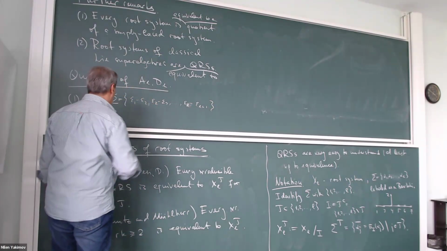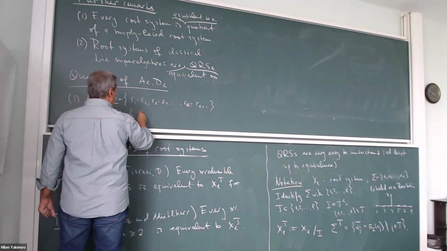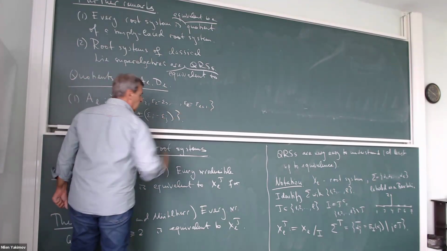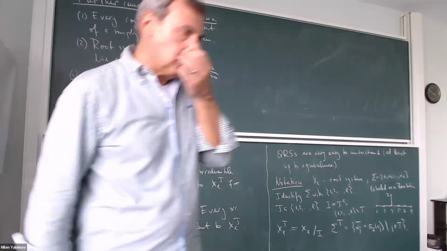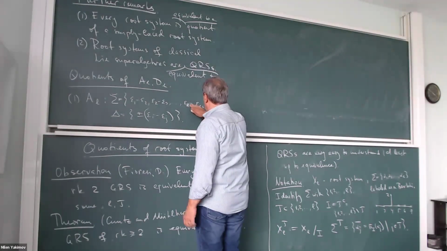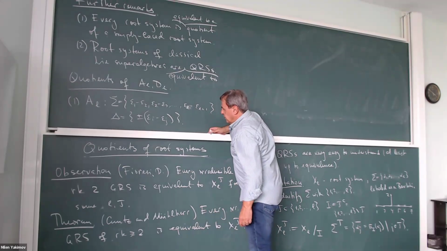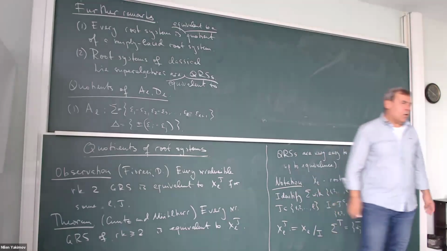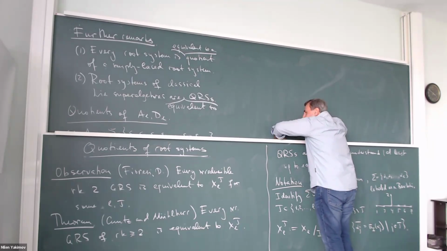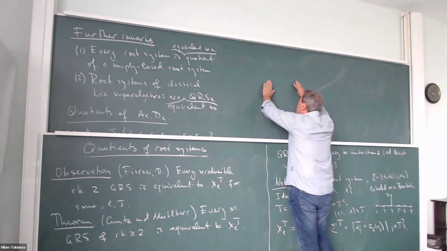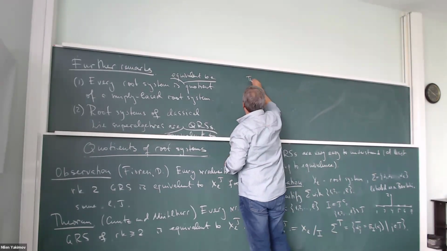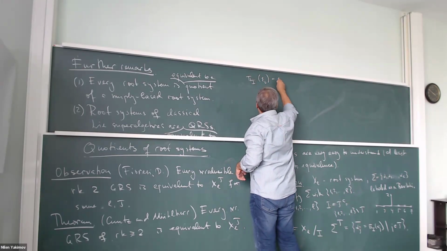And the roots are plus minus epsilon i minus epsilon j. With a slight additional notation, I can write phi_I of epsilon i as epsilon i bar.